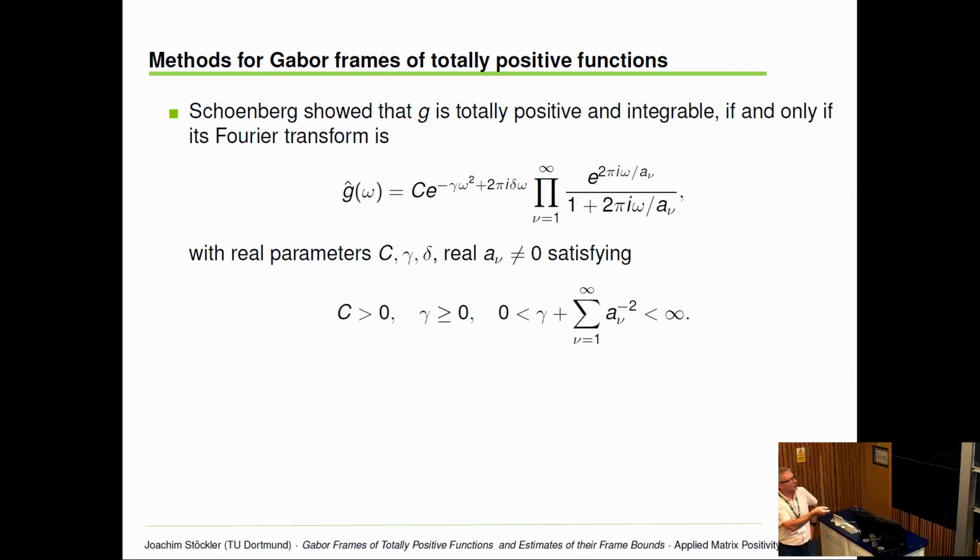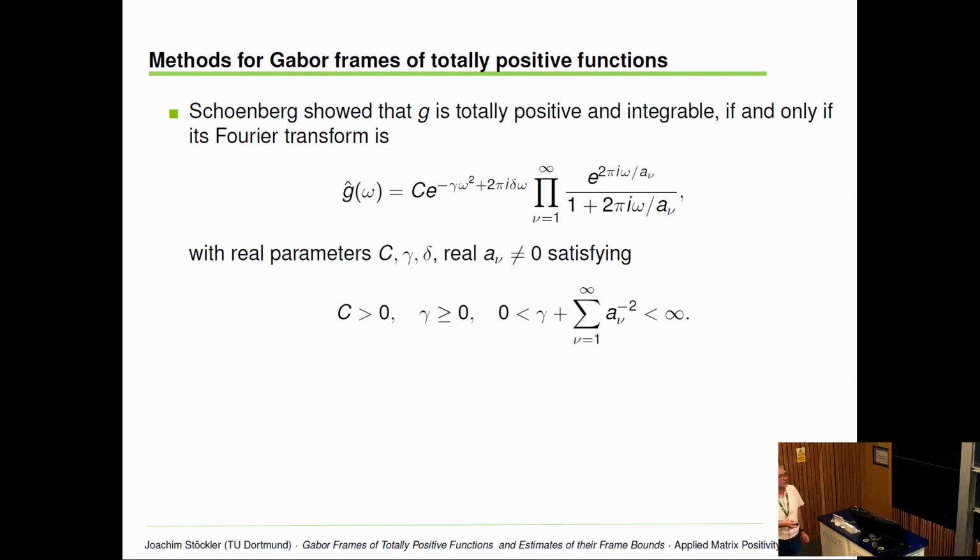Gamma can be 0, so you don't have a Gaussian. And then you have these terms, which each by itself are Fourier transforms of one-sided exponentials, e to the minus alpha nu x restricted to 0 infinity, and then there are certain shifts in order to make this product converge in proper sense.